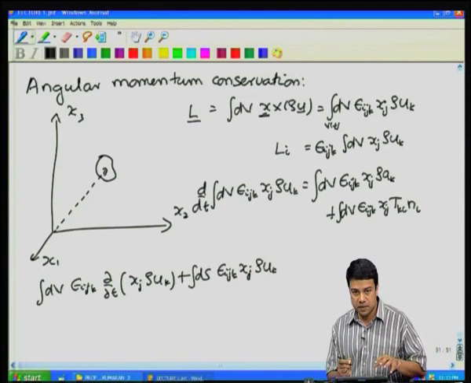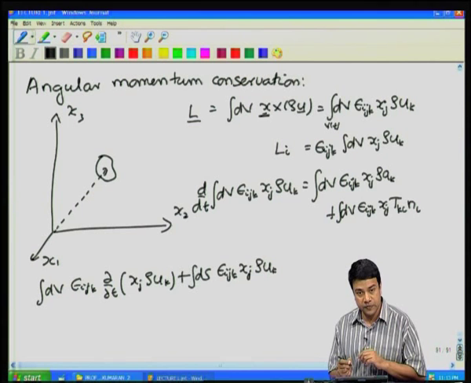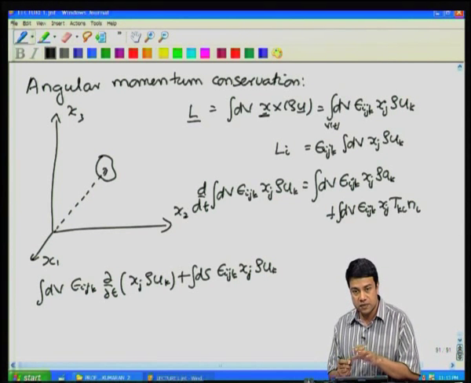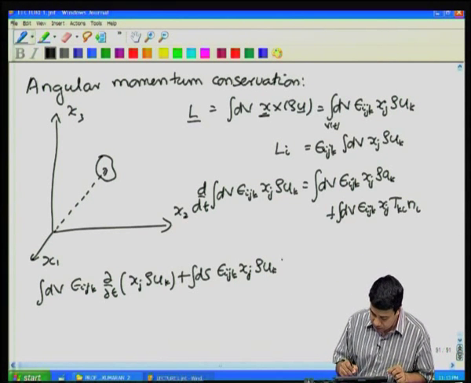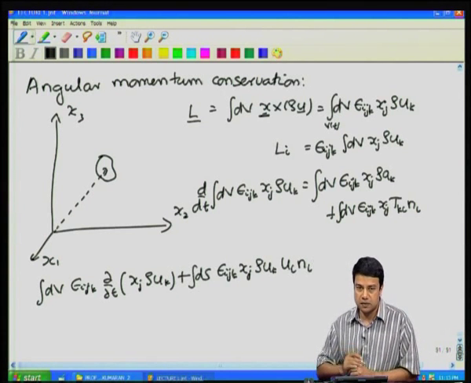Partial by partial t of this whole thing, that is epsilon ijk xj rho uk, plus ds of this whole thing times u dot n. So, for that other u dot n, I have to use a separate index now. Okay. So, I will use ul nl. I have to use a separate index for that other u dot n.